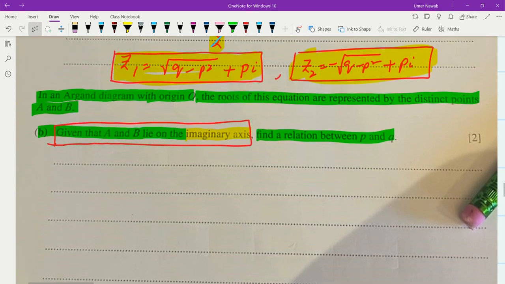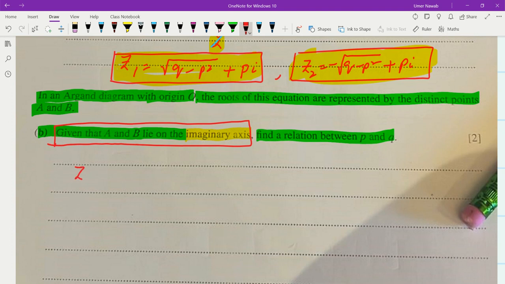Suppose I have z1, which is the square root of q minus p squared plus p iota. When I write it as a point on the Argand diagram, it will have an x coordinate, or real part, of the square root of q minus p squared, and the imaginary part is p.